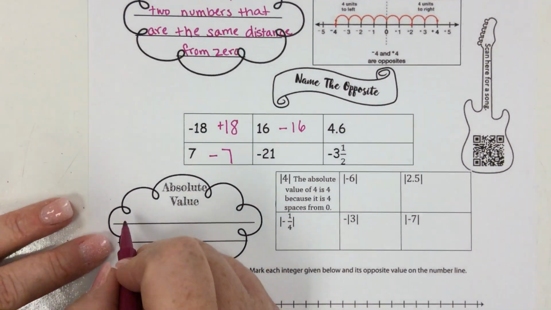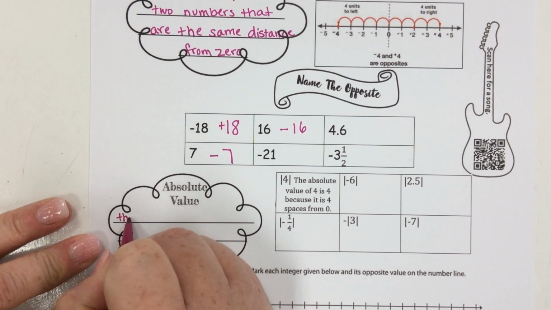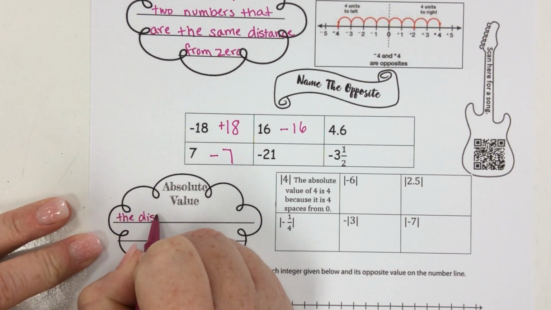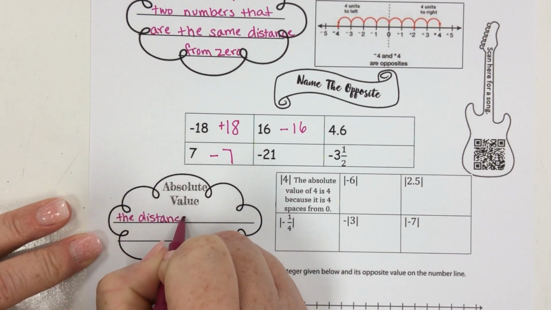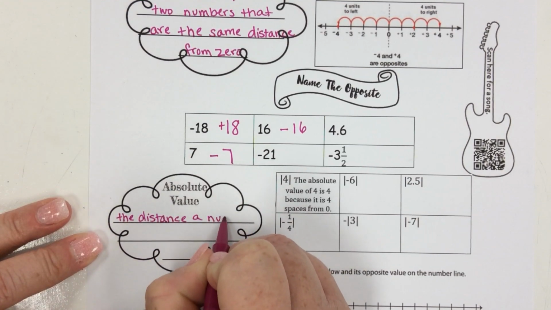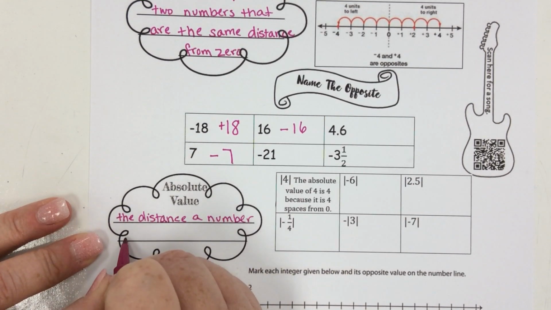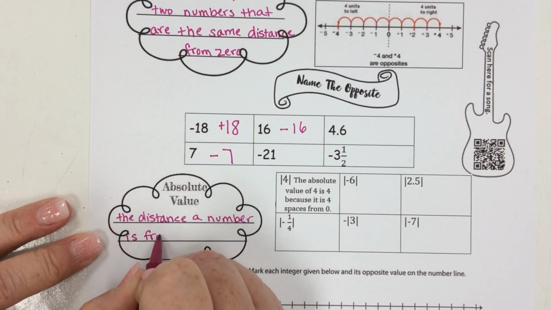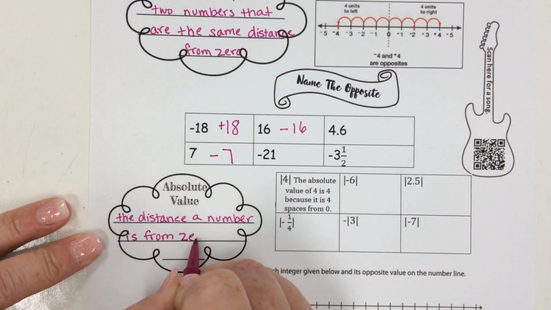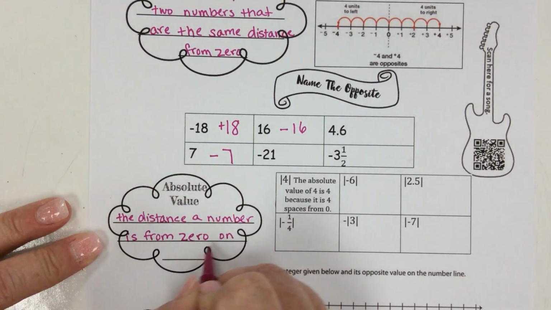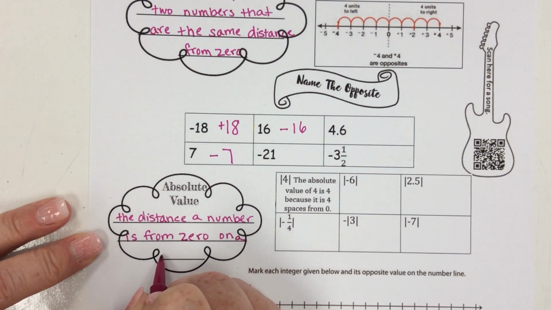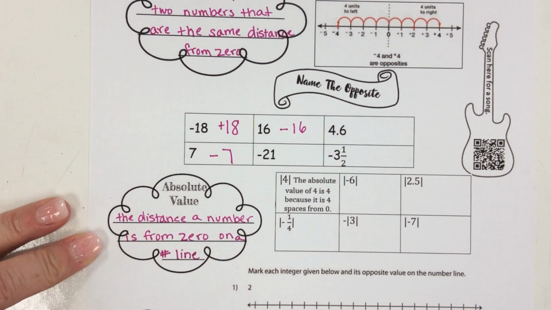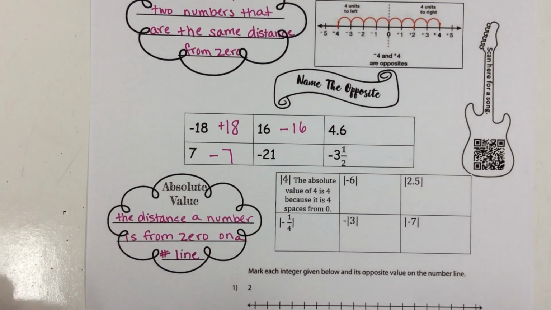So absolute value is the distance a number is from 0 on a number line. I'm going to put a symbol there for number because I'm running out of room. The distance that a number is from 0, okay?